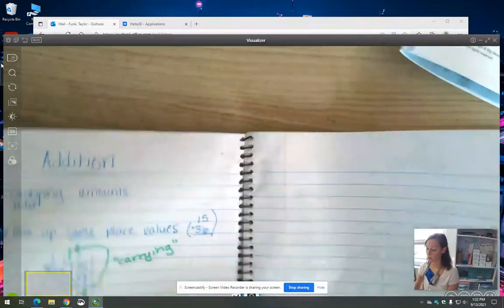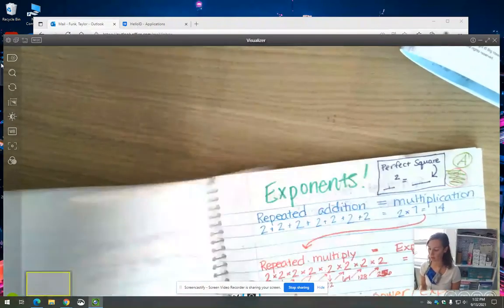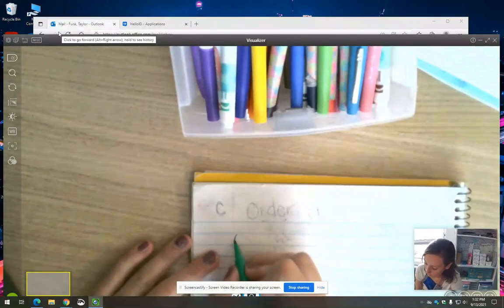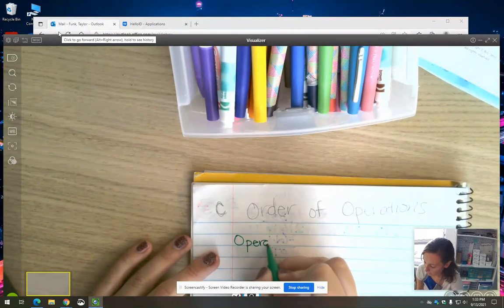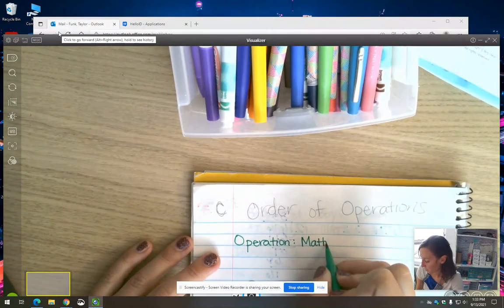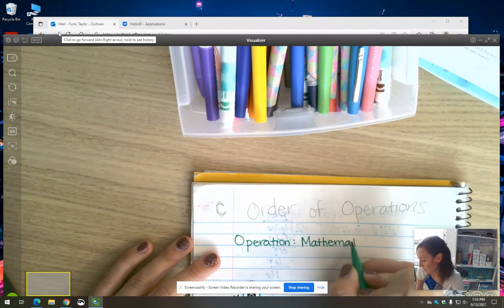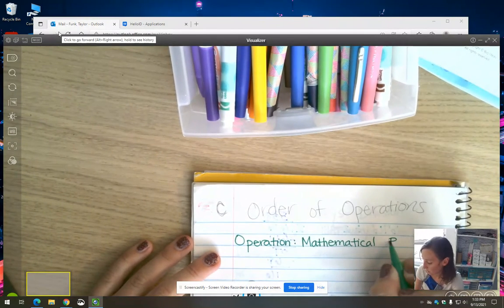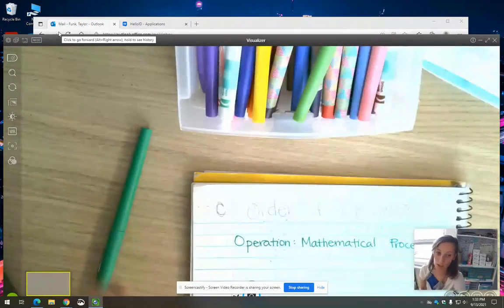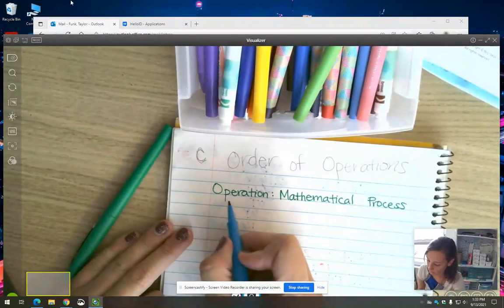All right, so an operation is a mathematical process. So things like addition, subtraction are operations.